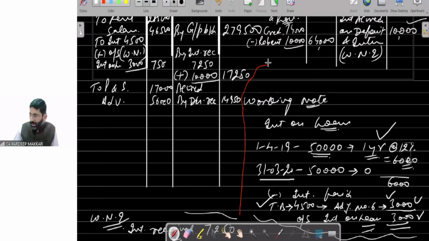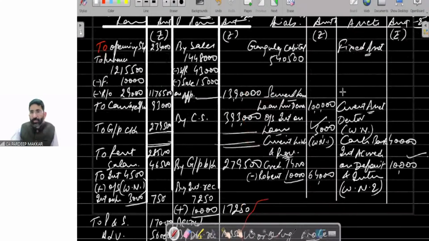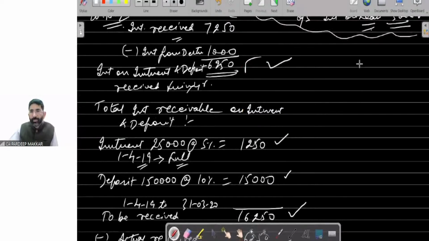Investments, we have to show it on the asset side, this is an investment worth rupees 25,000. Furniture 9,000, we will make an adjustment of furniture in the working on number third. Furniture: the opening balance of furniture is given to you, given in the trial balance, that is 9,000, plus purchase during the year.